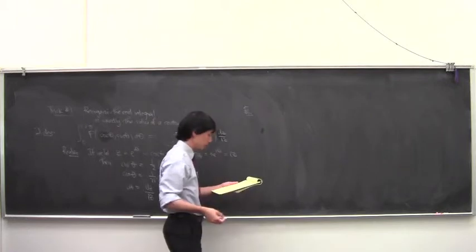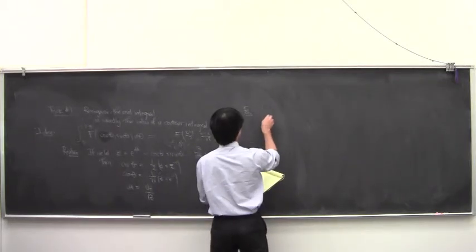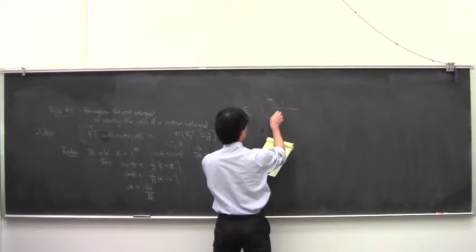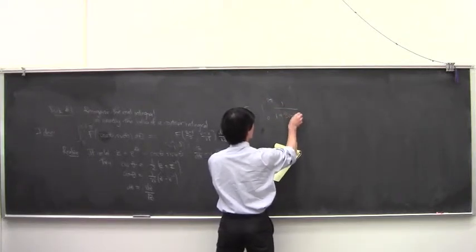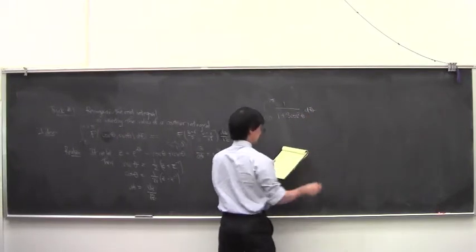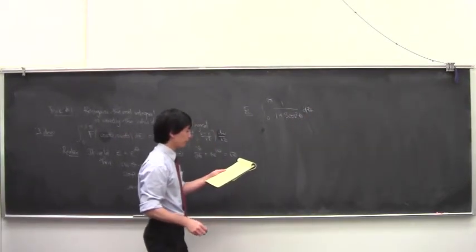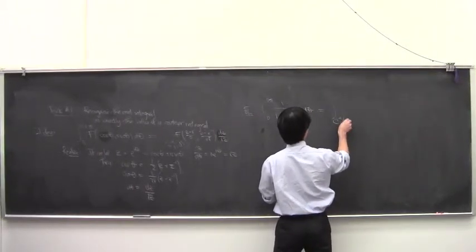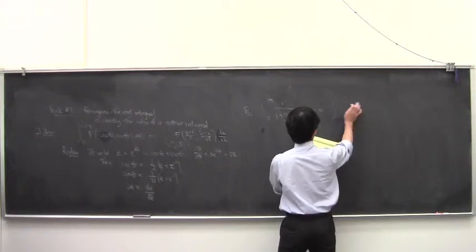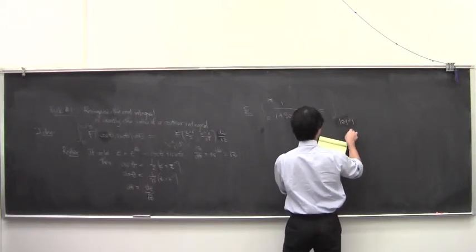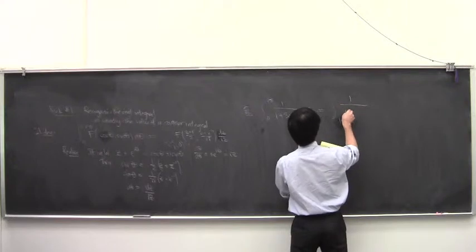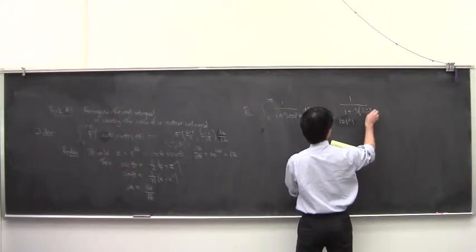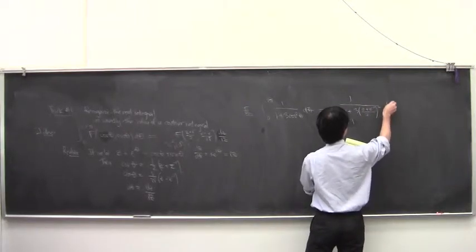This is the simplest trick. So for example, somebody gives you something like the integral of 1 over 1 plus 3 cosine squared theta d theta. And you say, okay, I'm going to write this as the integral over the unit circle of 1 over 1 plus 3 times (z plus z inverse over 2) squared, dz over iz.